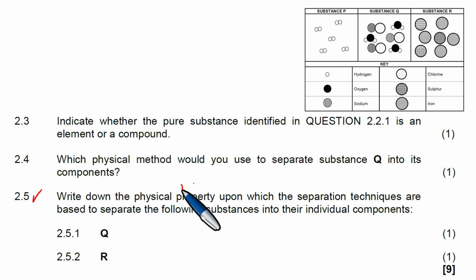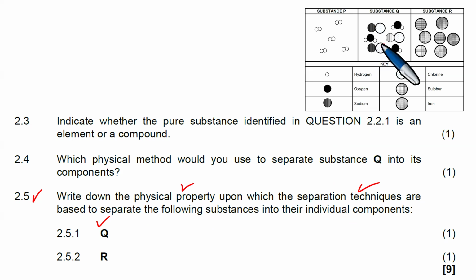Like if you want to separate substance R, what is the physical property upon which the separation techniques are based?